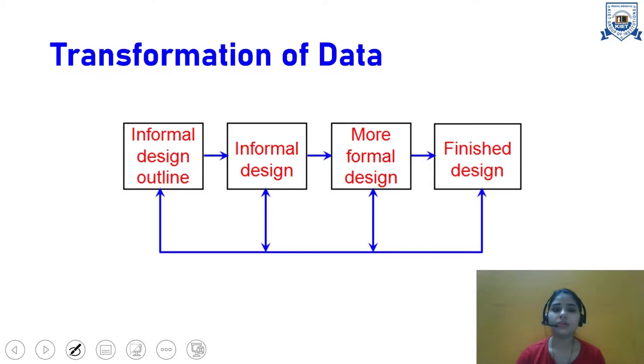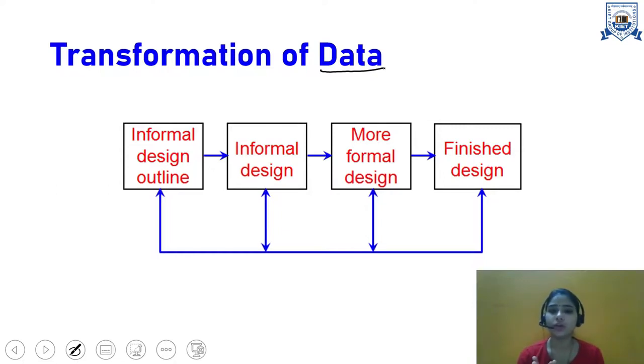So the transformation of data: it comes from the customer in the form of a problem statement. The data is converted into information through the requirement engineering process, and the document is known as the SRS. That SRS document is converted into the design.